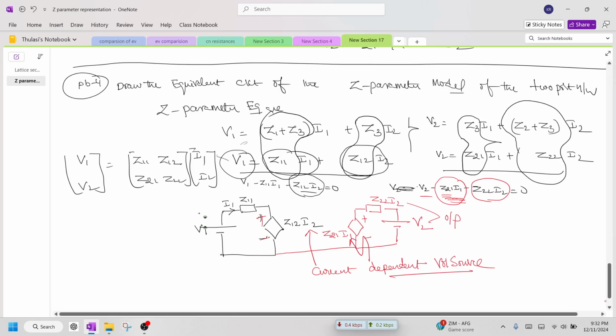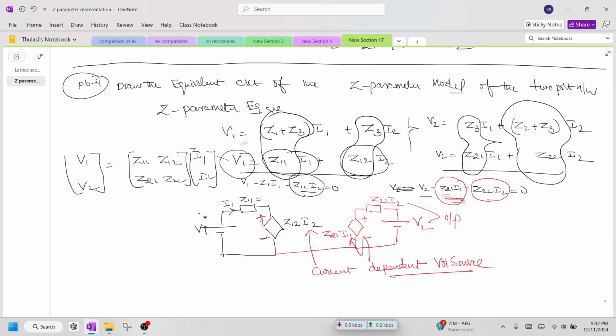So now just replace. What is the value of Z11 we got? Z11 is equal to Z1 plus Z3. What is the Z12 value? Z12 value is Z3, that's all. So replace Z3 into I2. And what is the value of Z21? Z21 is Z3 into I1.